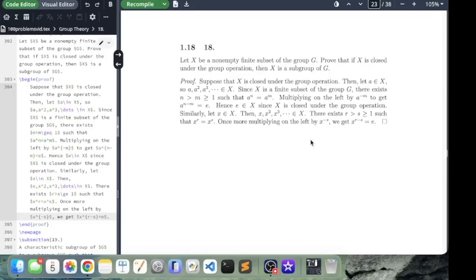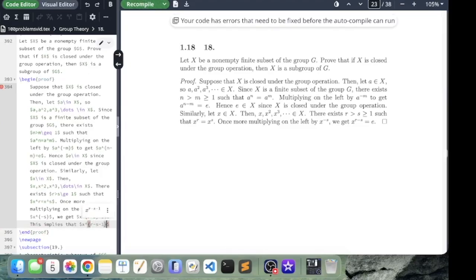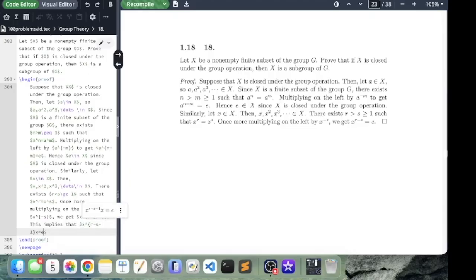And now I'm going to take x to the r minus s and multiply by something like the identity, but as x inverse times x. So this implies that x to the r minus s minus 1 times x equals the identity. The minus 1 is like the inverse of x, and that x would cancel out with it, giving us the identity. So it's like I'm multiplying by nothing.